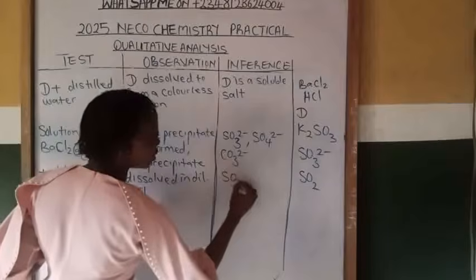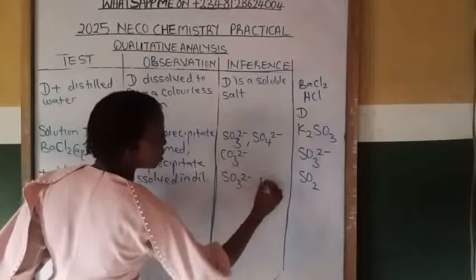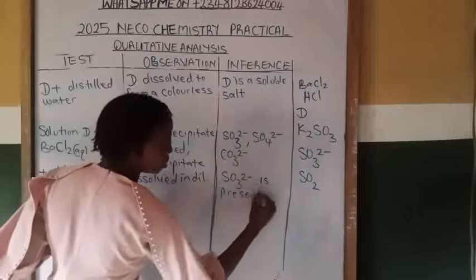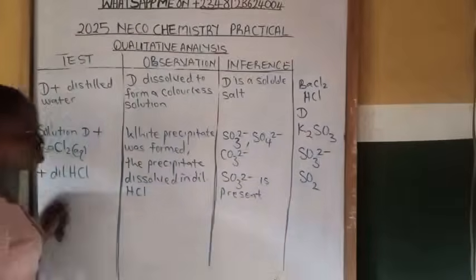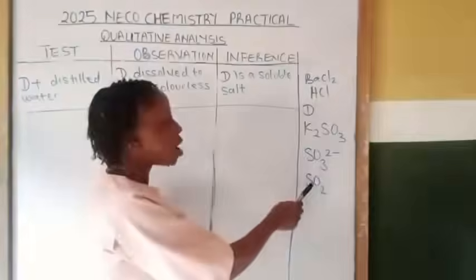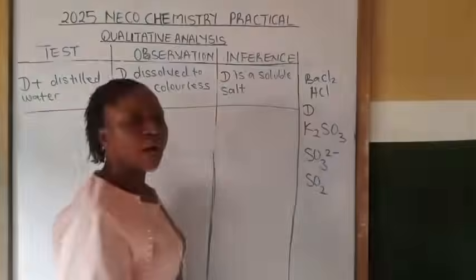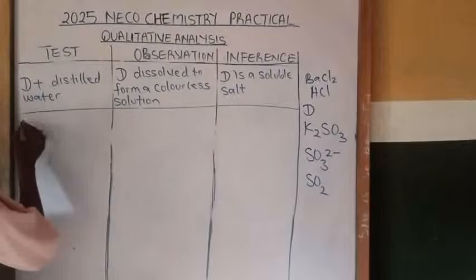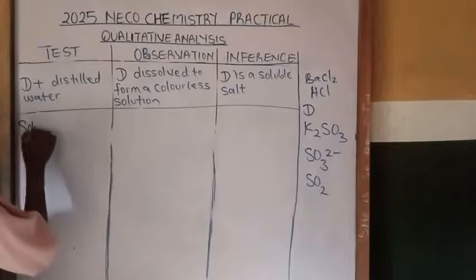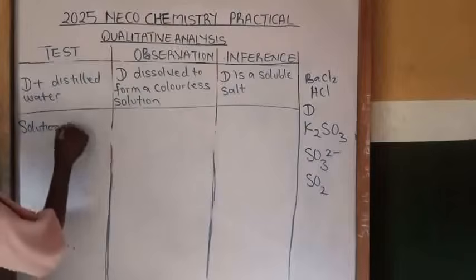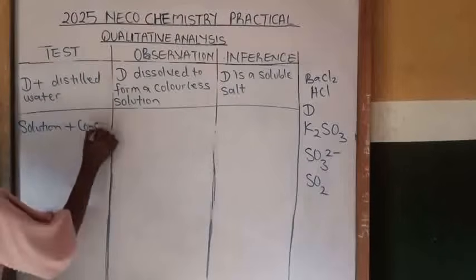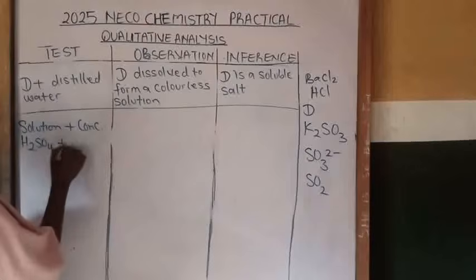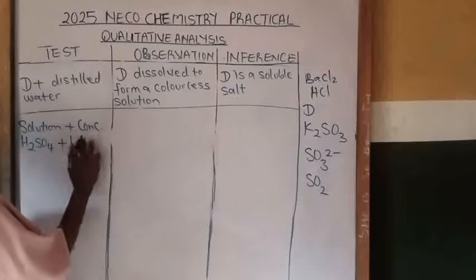So SO3 minus is present. Let's finally talk about SO2 gas. So we are going to add concentrated H2SO4 to our solution D. So solution D plus concentrated H2SO4, then plus boiling.